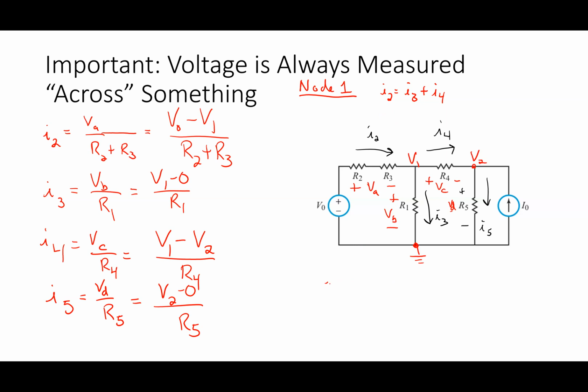So I2 equals I3 plus I4. I2 is V0 minus V1 over R2 plus R3. I3 is V1 over R1. And I4 is V1 minus V2 over R4. Okay.